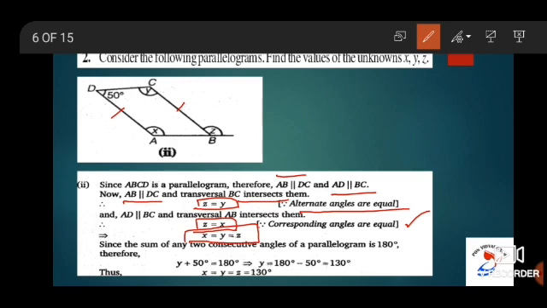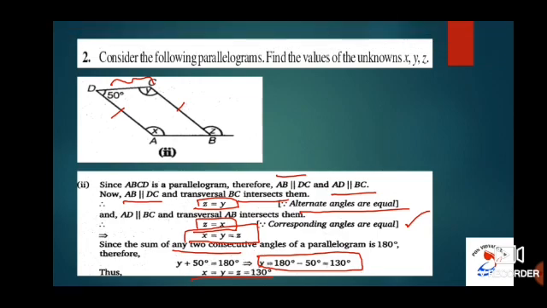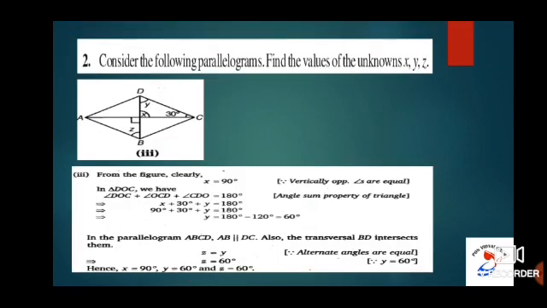Now let us use adjacent angle property, that is y plus 50 is equal to 180 degree because sum of adjacent angles of parallelogram is 180 degree. Therefore, the value for y is equal to 180 minus 50, that is nothing but 130 degree. To conclude, the solution for this problem, x is equal to y is equal to z, that is equal to 130 degree.